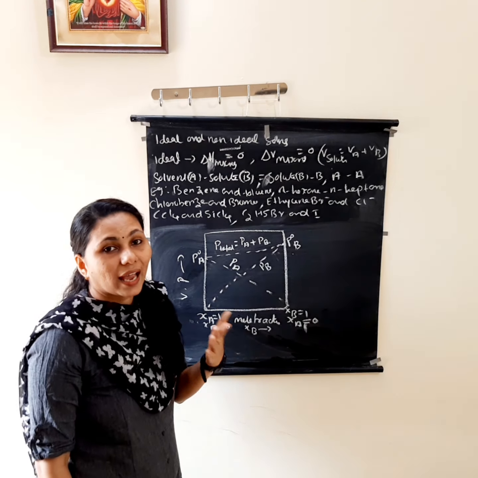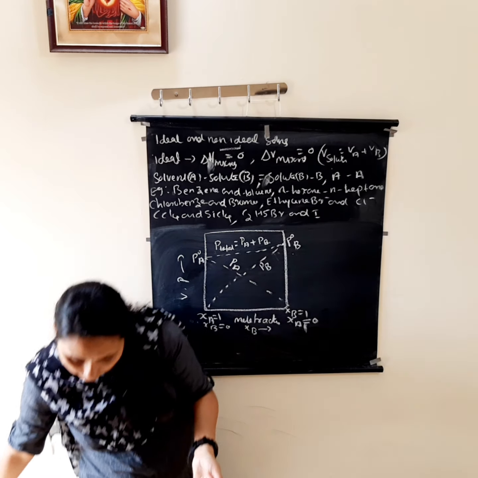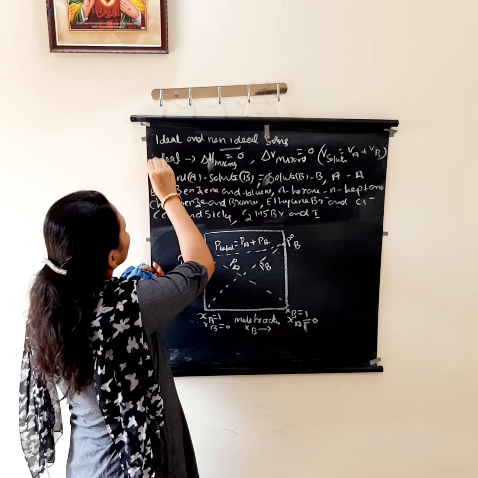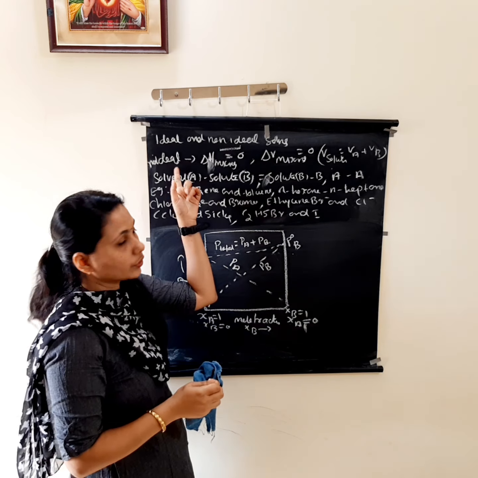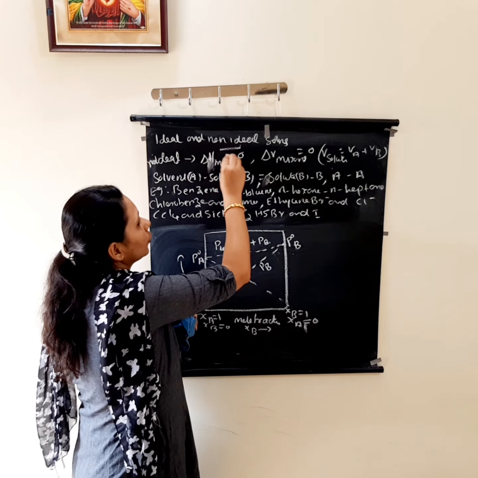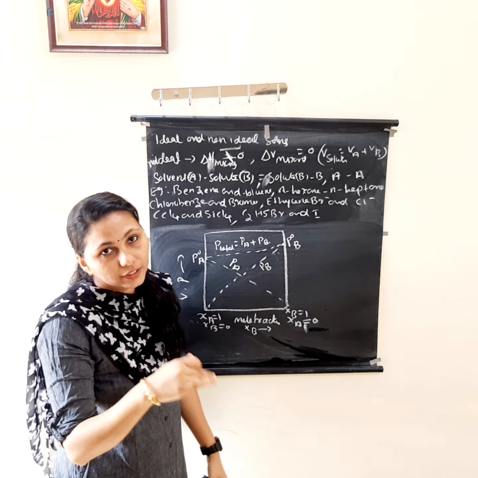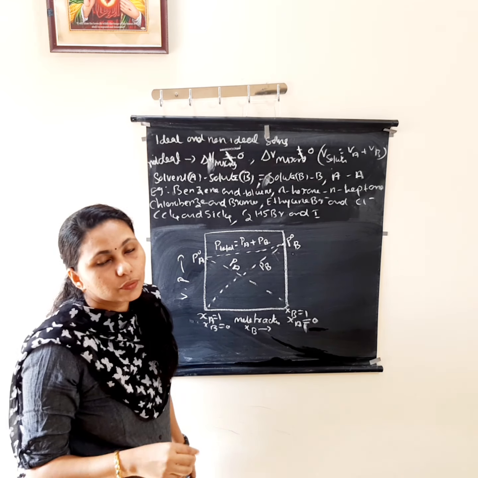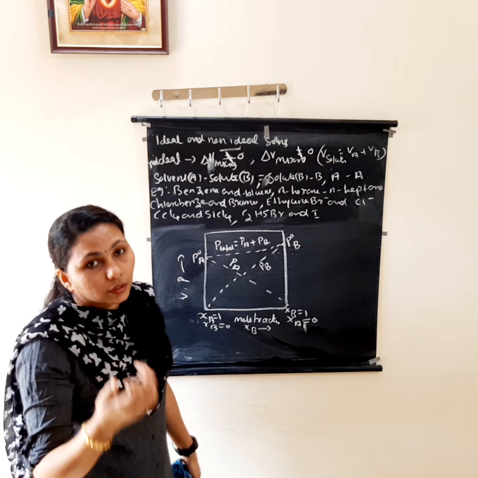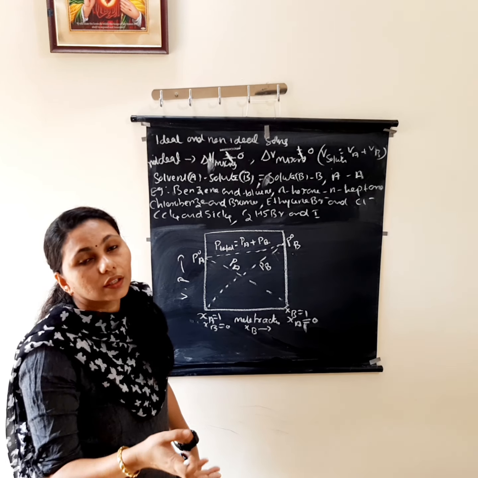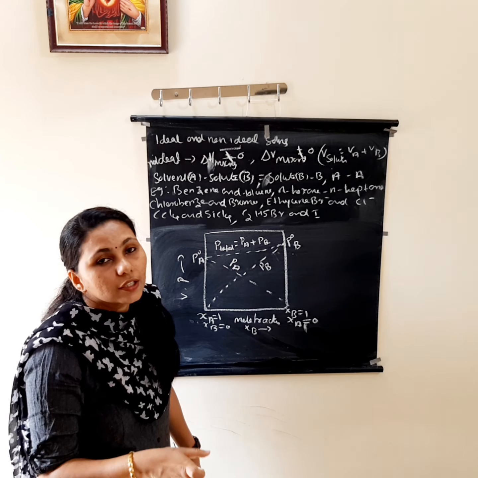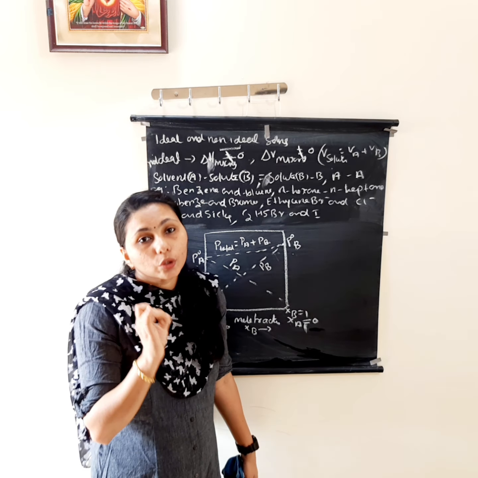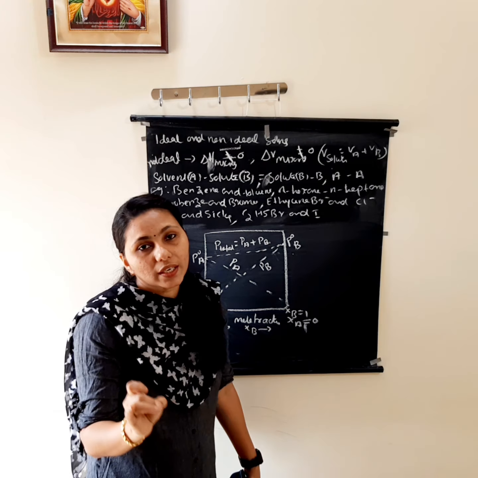So how can we write the characteristics of a non-ideal solution? In a non-ideal solution, these things will be changed. Delta H mixing is not equal to 0, whereas in an ideal solution it was equal to 0. Delta V mixing is not equal to 0, which means the volume of the solution may be higher or lower than the sum of the components A and B. It does not obey Raoult's law at all ranges of concentration and temperature.